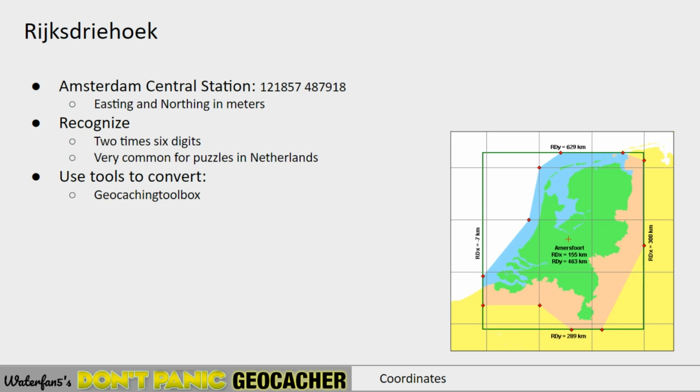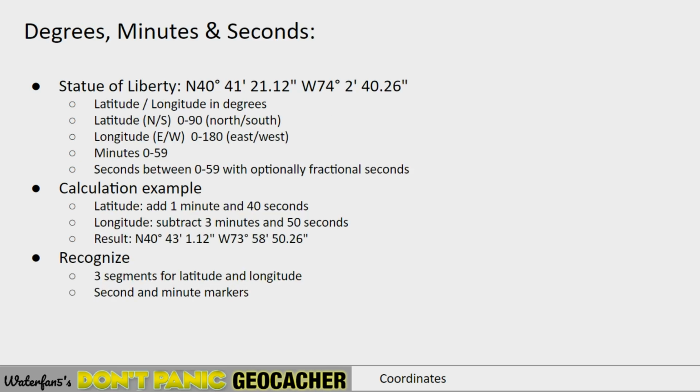The third primary system is degrees, minutes, and seconds. So now every longitude and latitude has three components: degrees, minutes, and seconds, all separated by spaces or maybe by the minute and second symbols as you see right here.